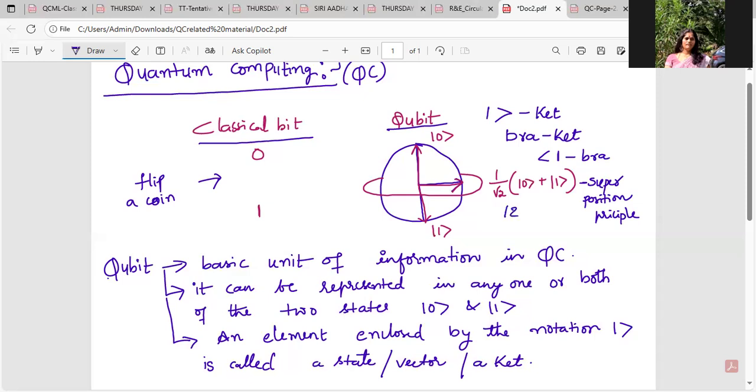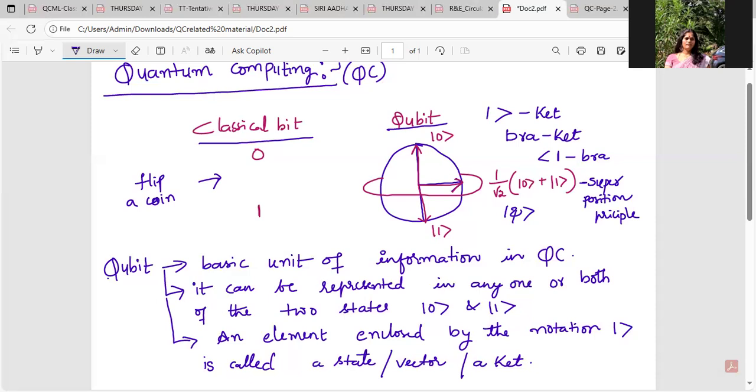Usually I denote it by ket-xi also, which represents the superposition of any state when a coin is flipped at any point of time.